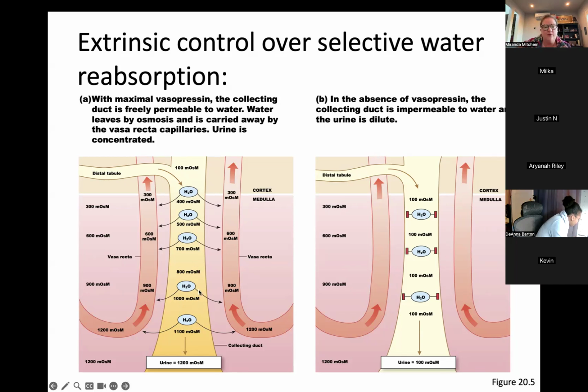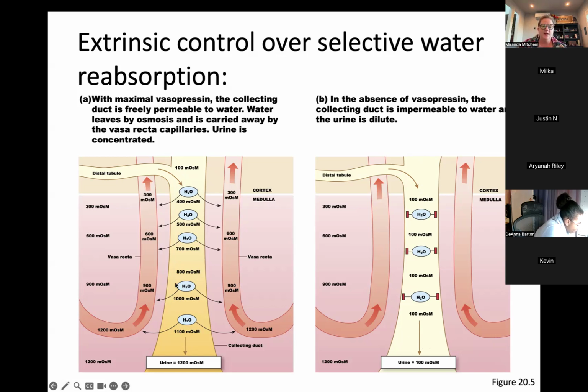And so we do get recovery of the water back into the bloodstream. However, where there's no vasopressin, then there is no transport mechanism for the water to move. So it just stays there. And this would keep the urine more diluted because of not pulling out the water.